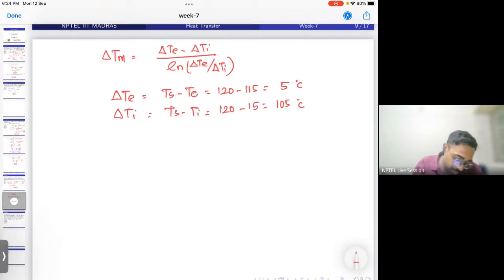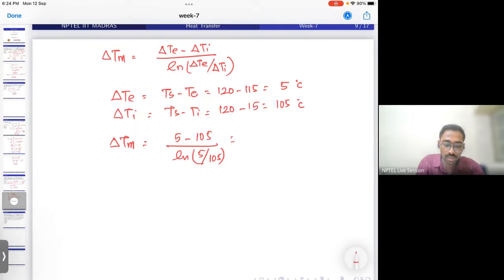So let's substitute these values: 5 minus 105 divided by ln of 5 divided by 105.